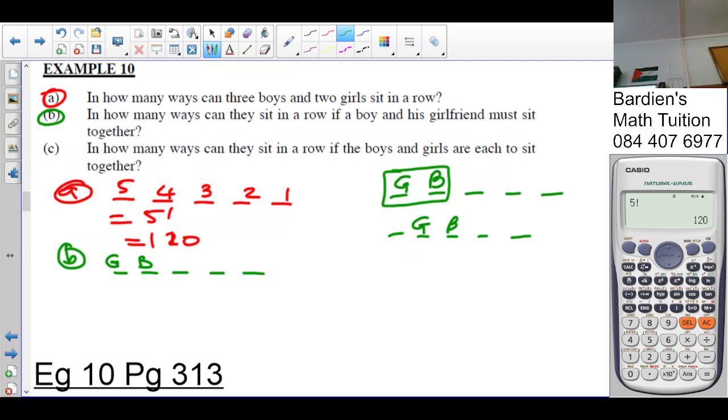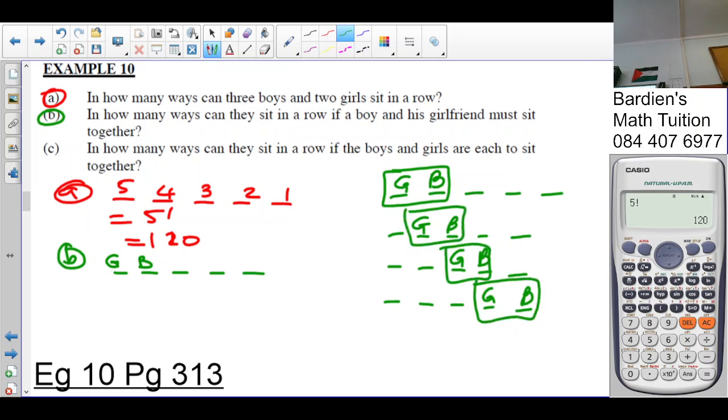You all agree with that? Then the girlfriend and the boyfriend can be sitting there together, and the girlfriend and boyfriend could be sitting there. Also, they could have swapped, the boyfriend then the girlfriend.